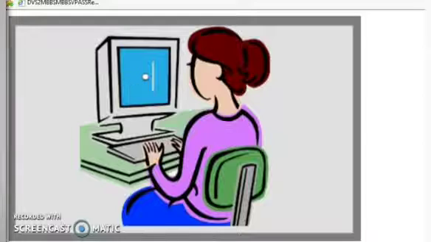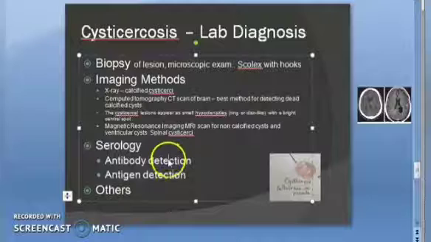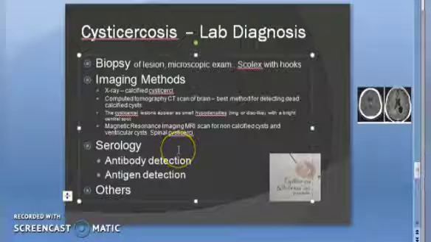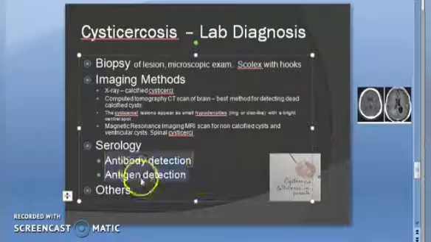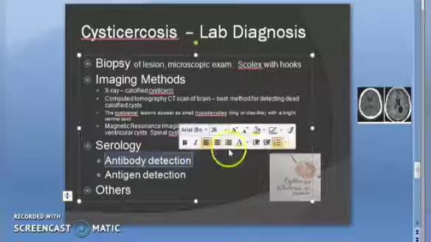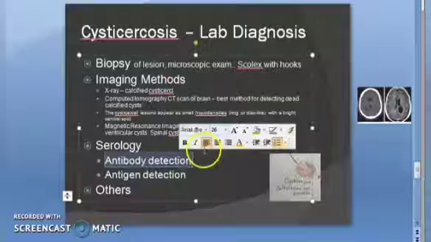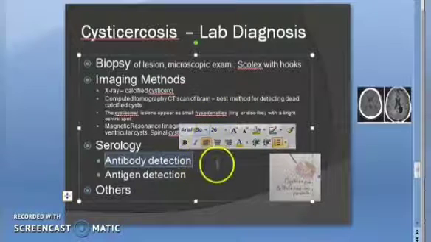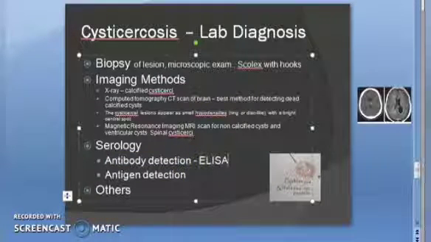Okay, so let us look at the serology, the antibody detection. Antibody detection and antigen detection, both they wrote in serology. So here again you have ELISA, enzyme linked immunosorbent assay.